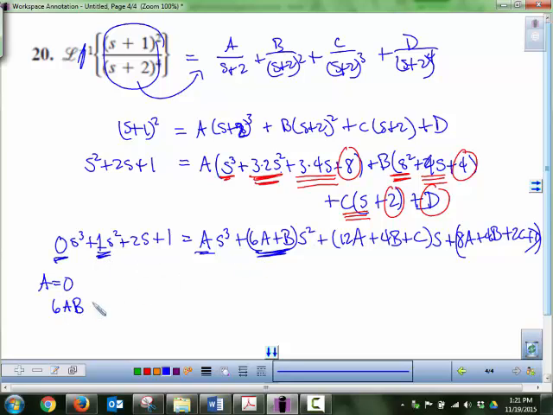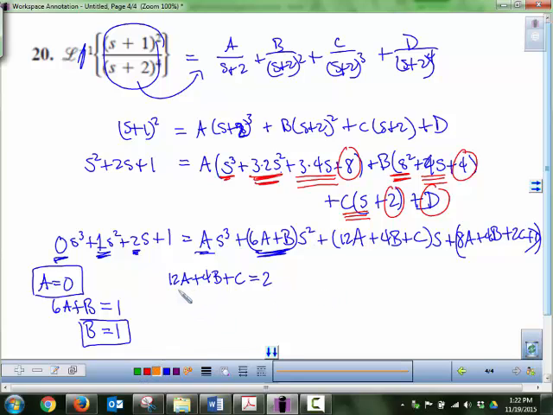6A plus B is equal to 1. So A is equal to 0, so B is equal to 1. 12A plus 4B plus C equals 2. Well, A is equal to 0, B is equal to 1, so I have 4 plus C equals 2, so C equals negative 2.